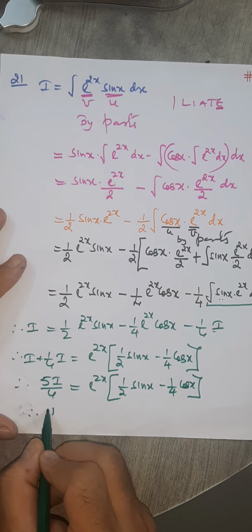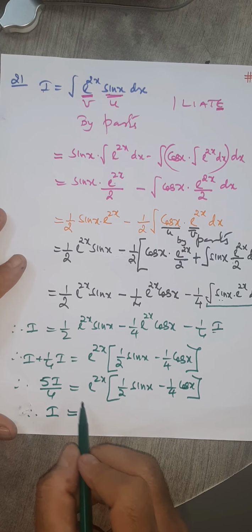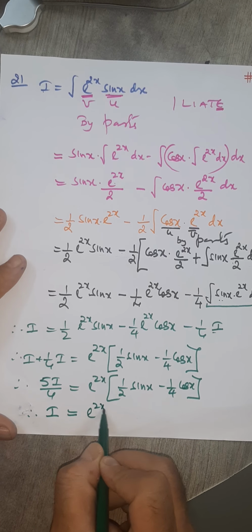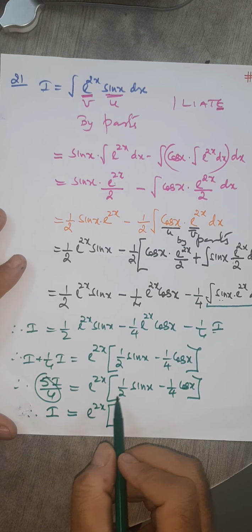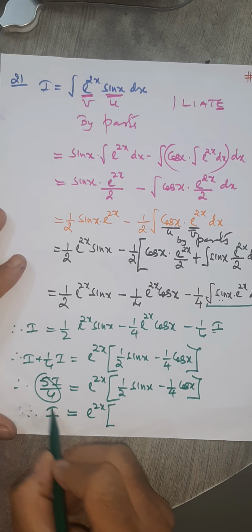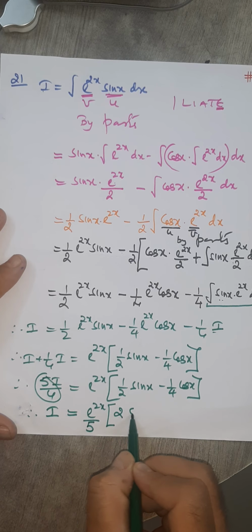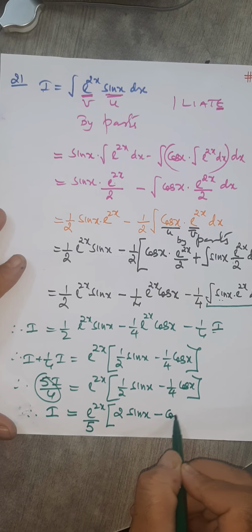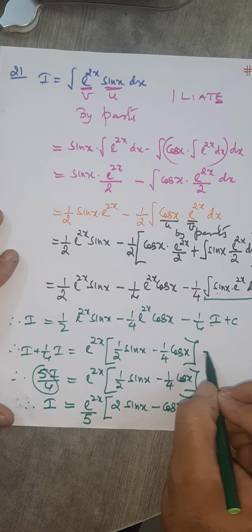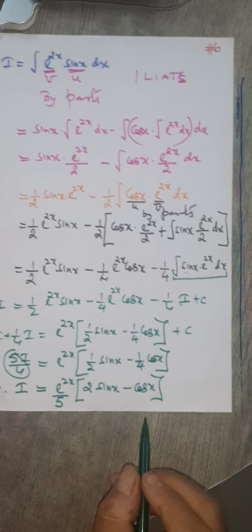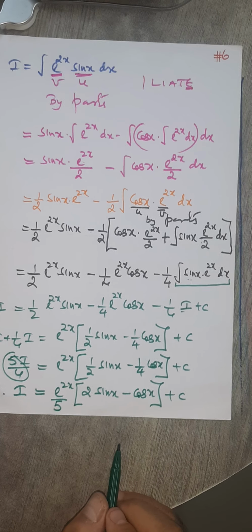So therefore you want I, so 5 will go that side by 4. So e raised to 2x, I'll take 4 by 5 inside the bracket. That 5 will come down, so here upon 5, 4 I'll take inside the bracket. So twice sin x minus cos x. I'm sorry, here plus c everywhere. This is c. Here also plus c, and if you do this, this is also plus c.